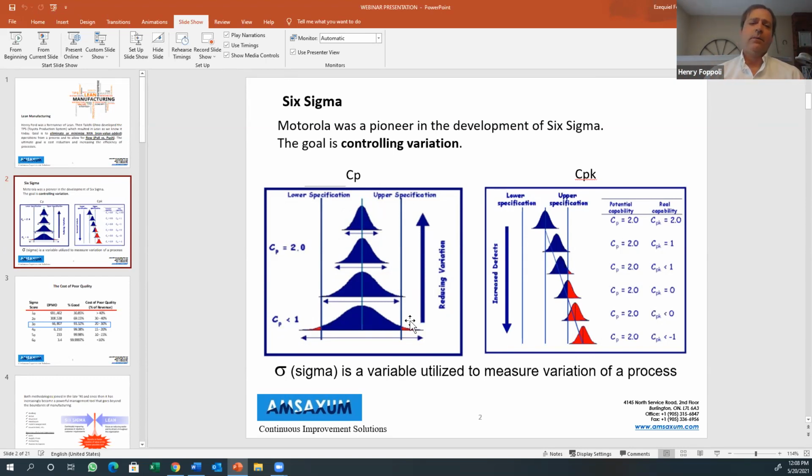And the same thing happens in the service industry. This could be the cycle time that you take to serve a customer checking in at an airport, or checking in at a hotel, or in a call center, and the duration of the call. So if the duration exceeds a certain limit of time, those customers are going to be dissatisfied, and there is going to be a cost.